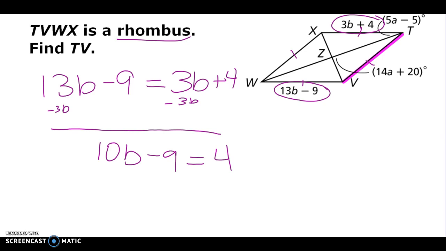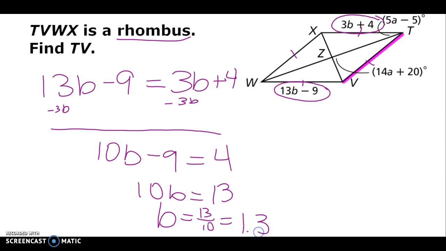You can write it as a fraction or you can write it as a decimal. Either one.